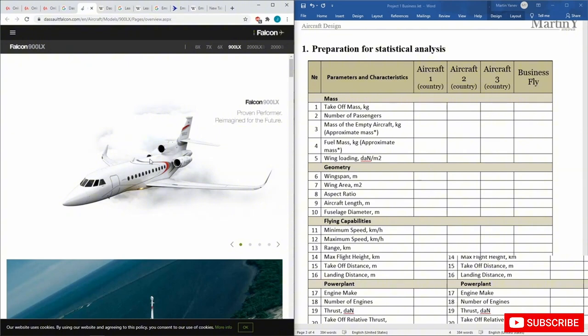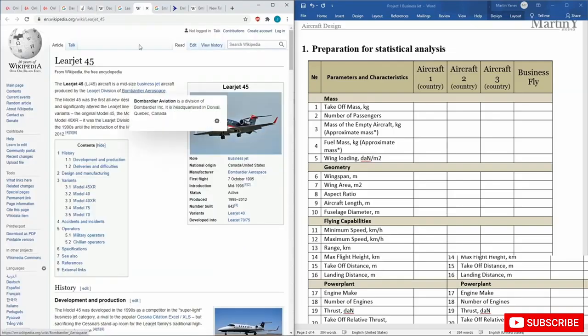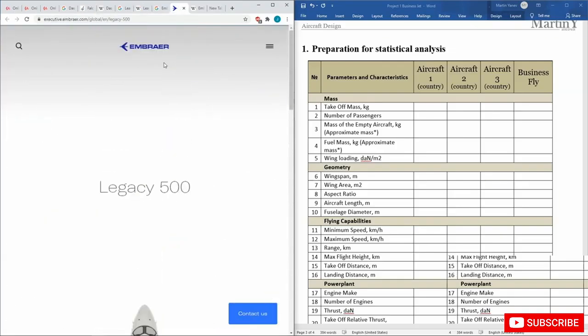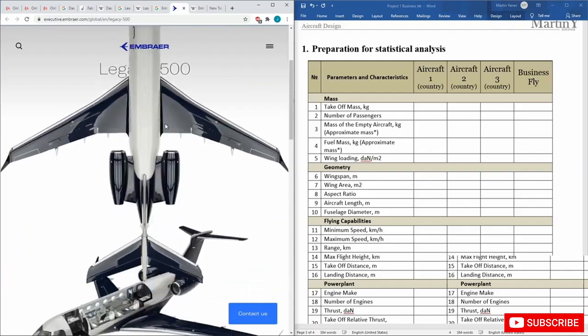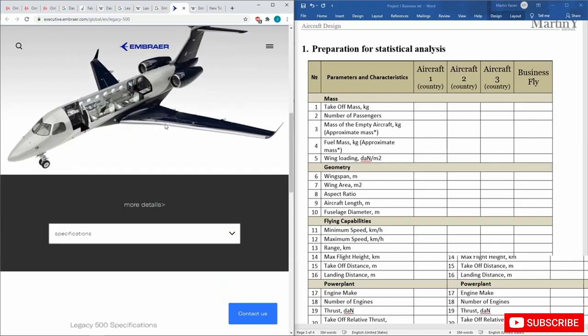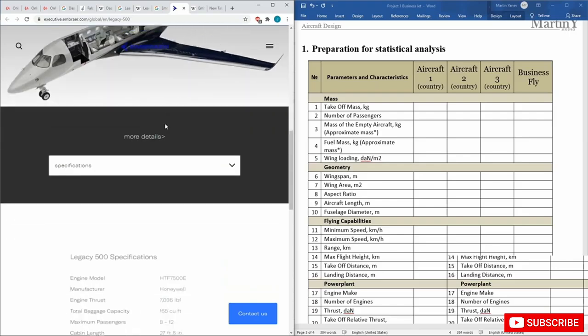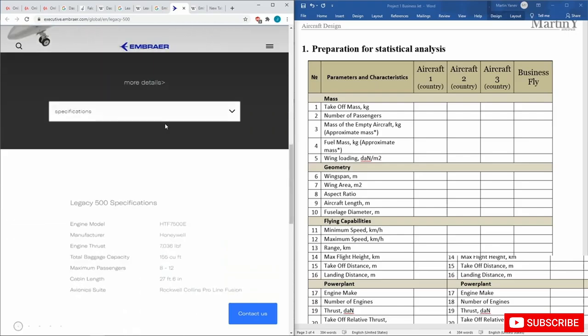And these are the Dassault Falcon 900, Learjet 45, and the most amazing Embraer Legacy 500, which are all business jets. I would say the Embraer Legacy is the most renowned and advanced business jet compared to the rest. So I will start recording their characteristics, but first I write their names in the table.